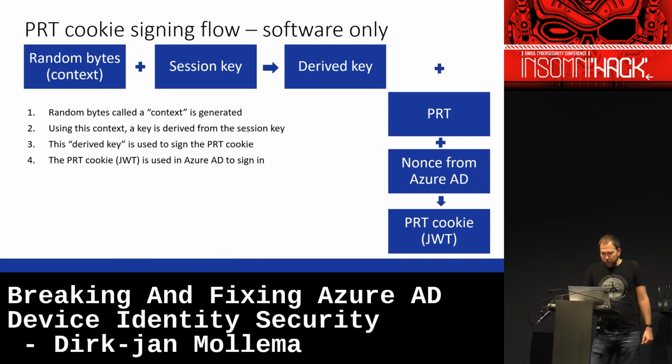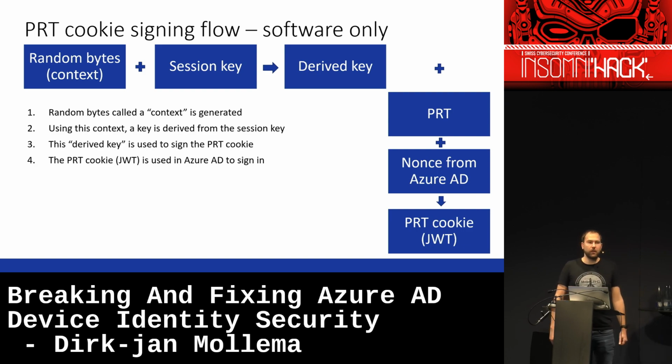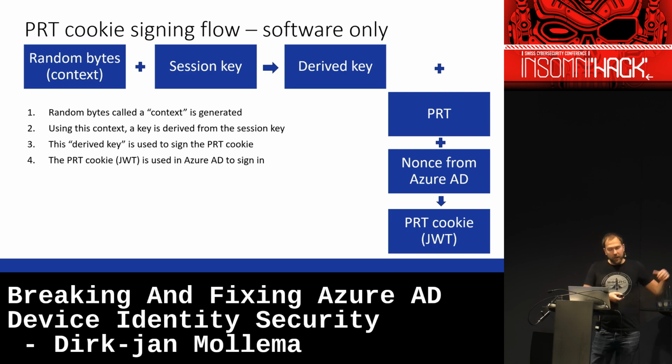So the technical parts of this signing flow. This is the simplified version. Imagine that it's a software-only key. The OS basically generates some random bytes. This is called the context, and it uses this for the cryptographic operations. It puts these random bytes in a key derivation function together with the session key to calculate a derived key.